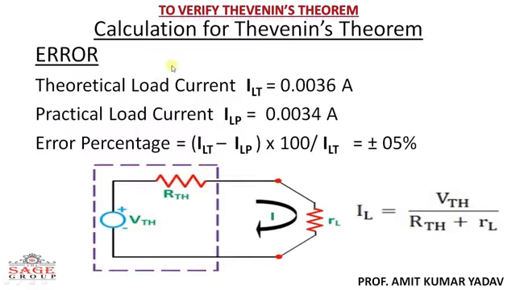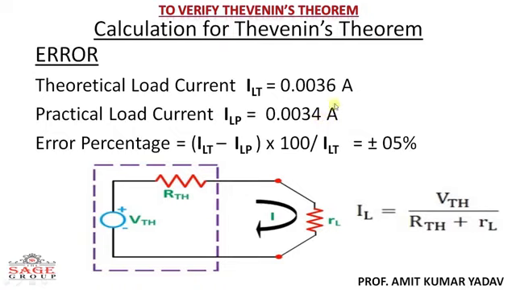So what is the error in this part? You just write down the value of the theoretical load current and the practical load current which you have already observed in the practical part. The theoretical load current is here 0.0036 ampere and the practical load current is here 0.0034 ampere.